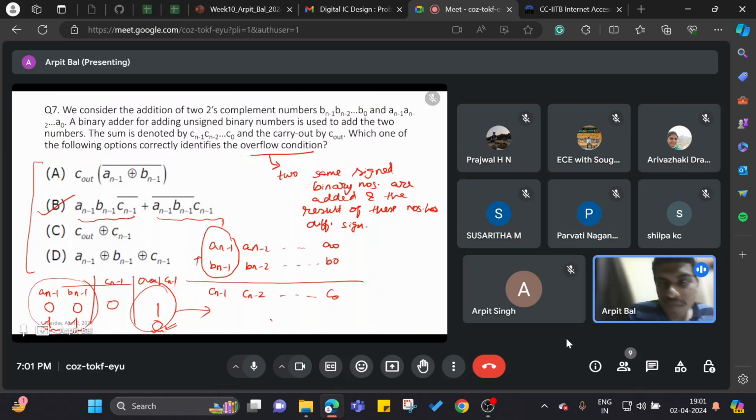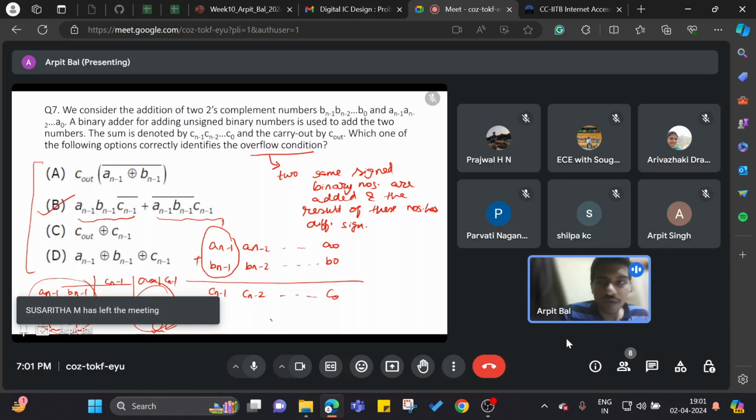In question 7, we tried to figure out the condition so that the overflow is identified correctly. Overflow is defined as when two same-sign binary numbers are added and the result has a different sign. We have to identify that condition.